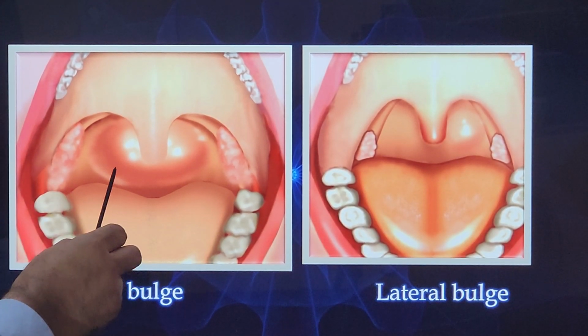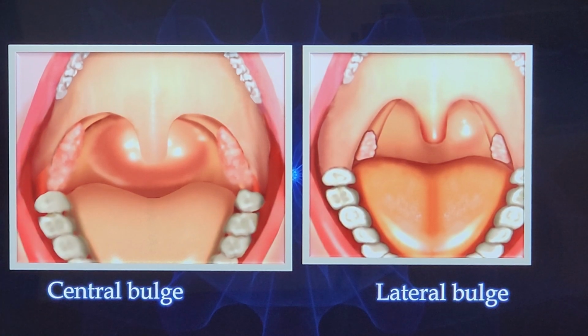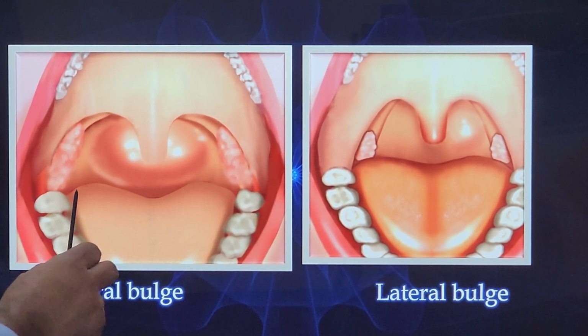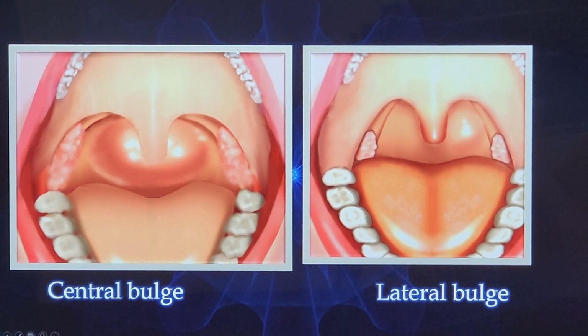This one is secondary to the abscess formation, secondary to the TB spine. And in the latter one, the bulge is because of lymph node enlargement secondary to tuberculosis. So the most common one will be central bulge. So you have two types, central bulge or lateral bulge.